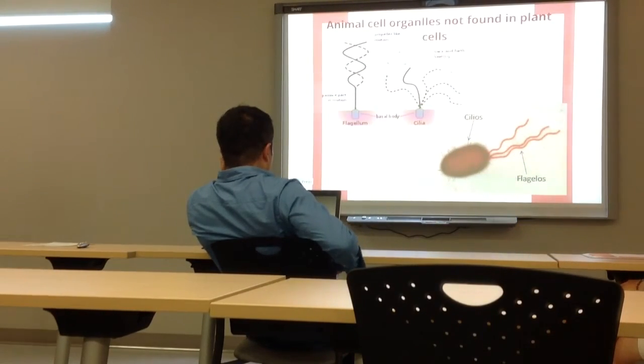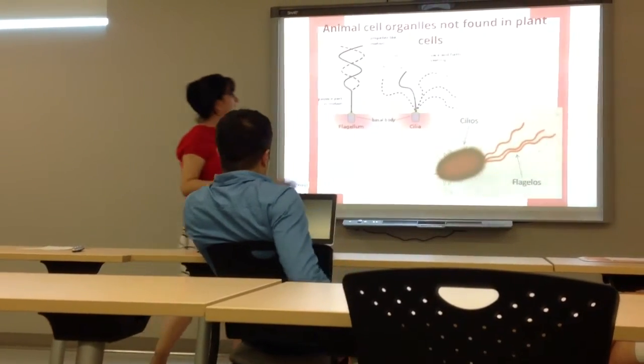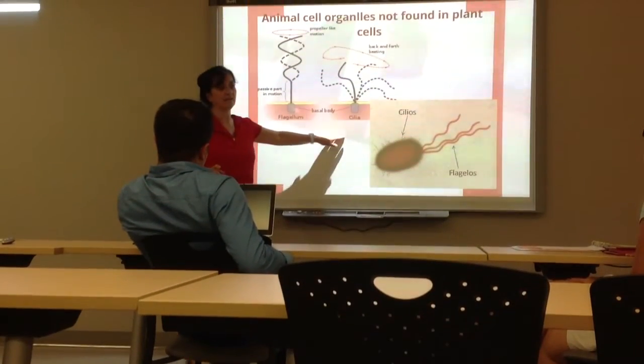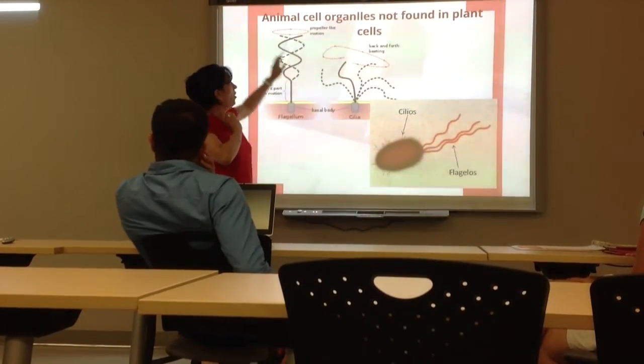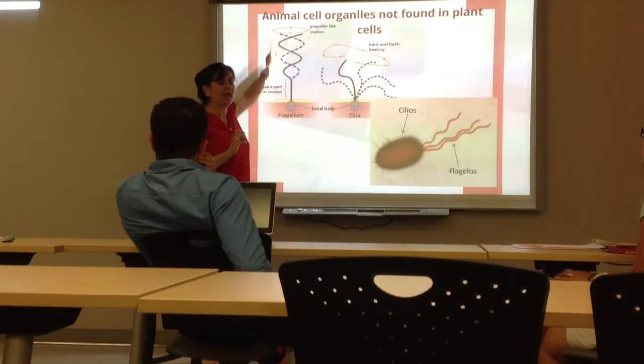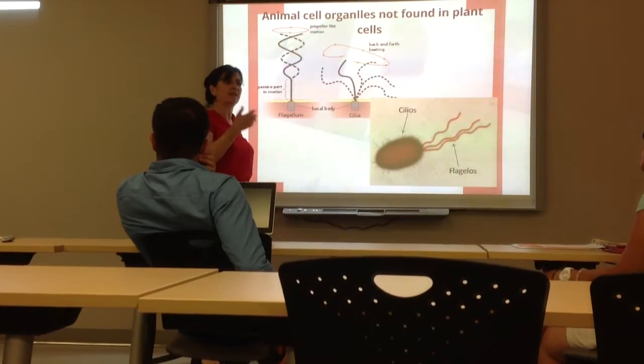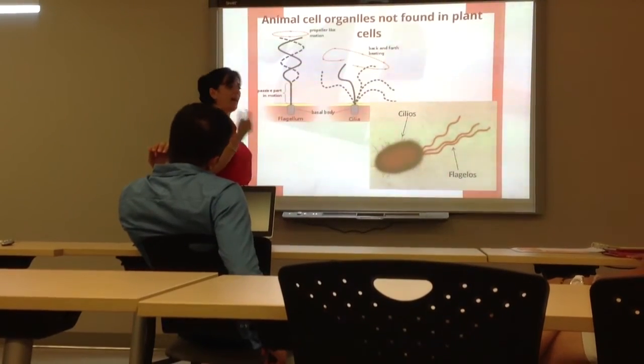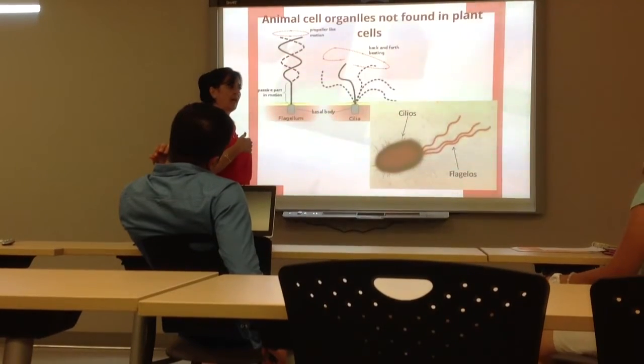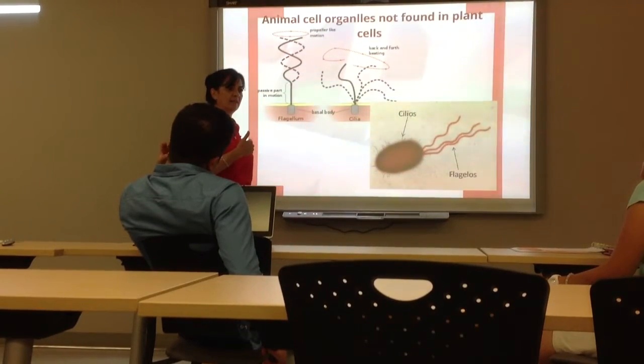We are going to talk about some organelles that are only present in animals and some only present in plants. Animal cell organelles not found in plant cells are the flagellum and the cilia. What cell in the human beings do you know that has the cilia or flagella?